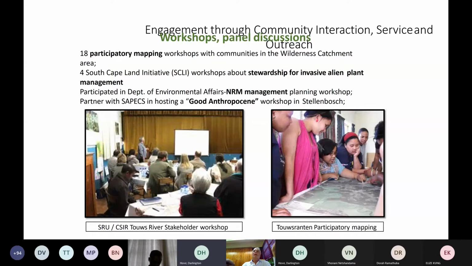The work that they've done in the last 2 years, 18 participatory matching workshops with communities in the wilderness catchment area. It's all listed there. I'm not going to go through it, but it does show you that when you move off campus, you can make your research and your teaching so much more interesting, but you can also get buy-in from the community and the community feeling part of this whole process.